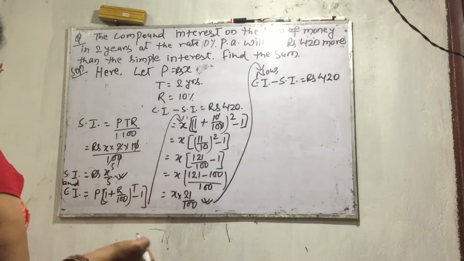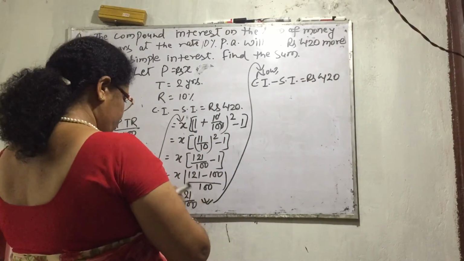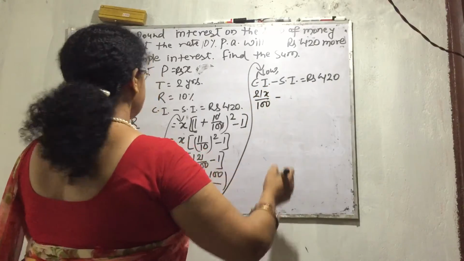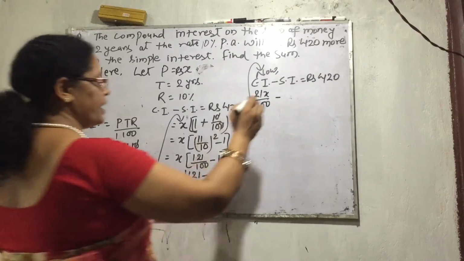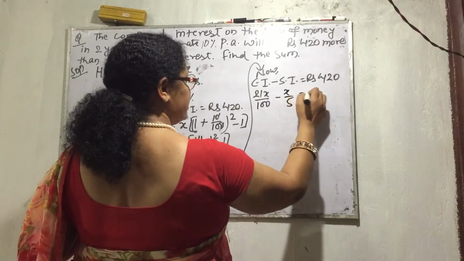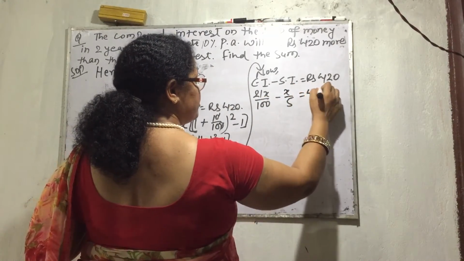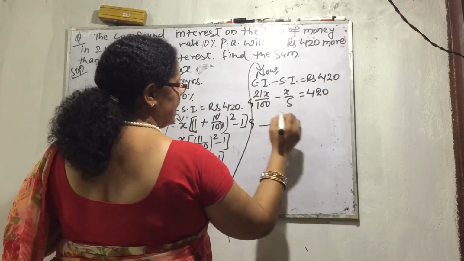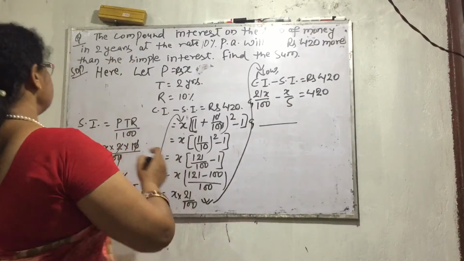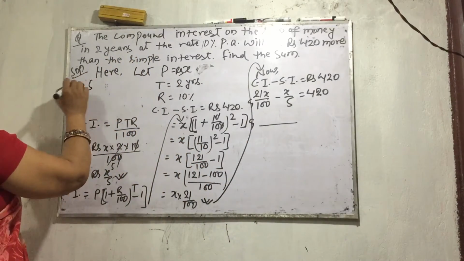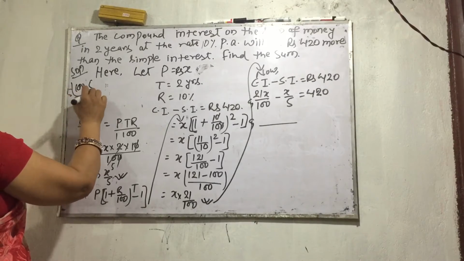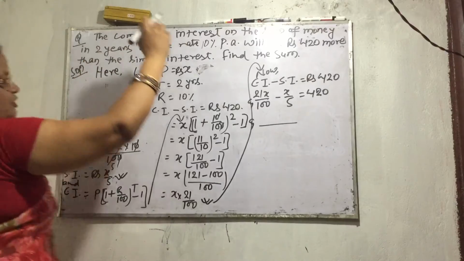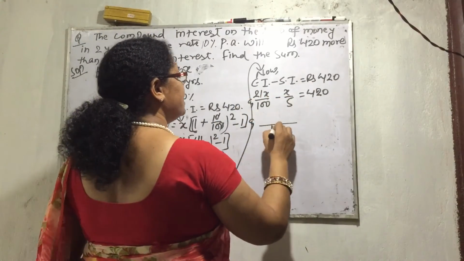Let's put the values here. CI we have got 21X by 100, minus SI how much we have got? X by 5. X by 5 equal to rupees 420. After solving this, its LCM will be how much? LCM of 100 and 5 will be 100.